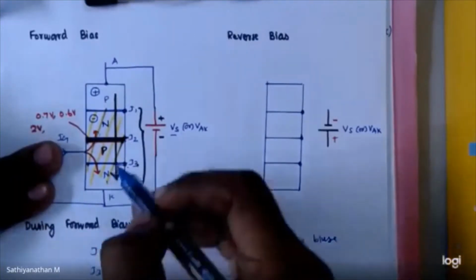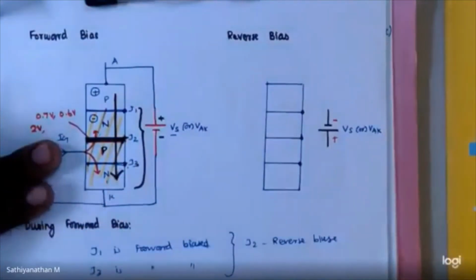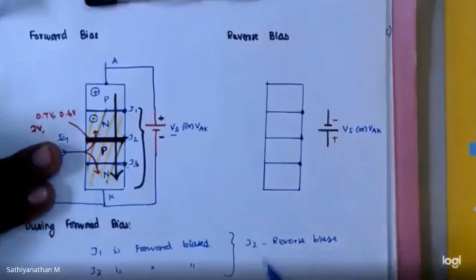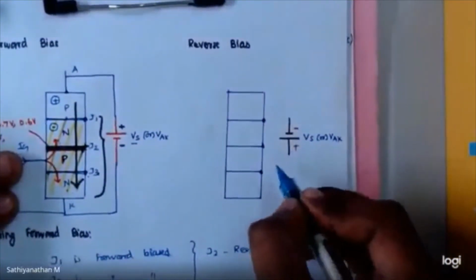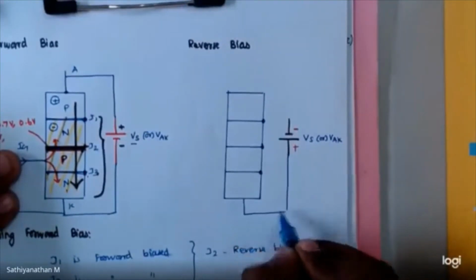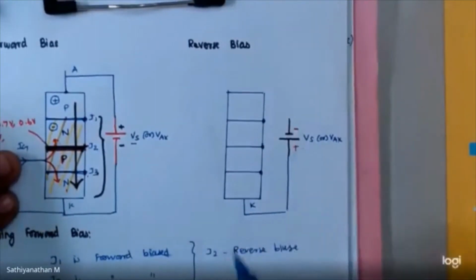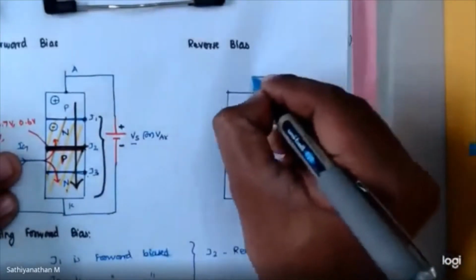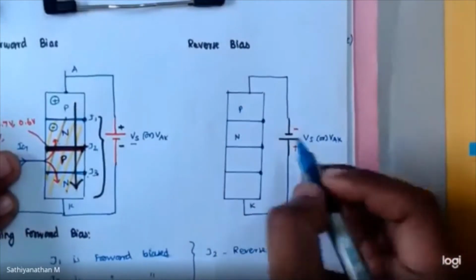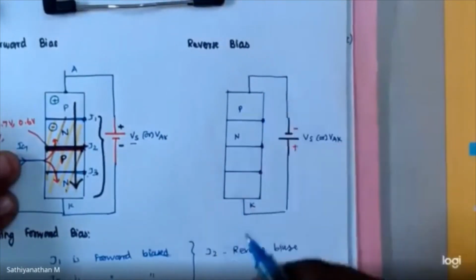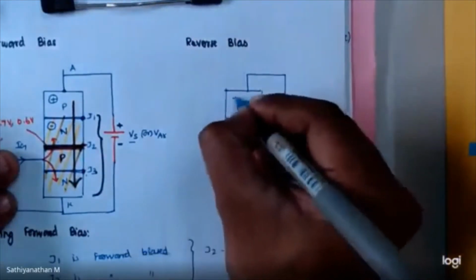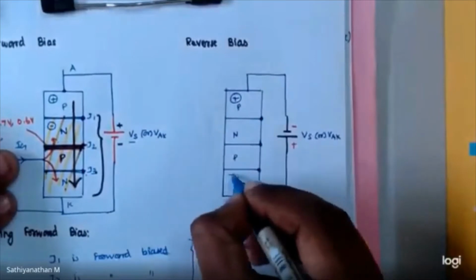So in order to control the device, we need to reverse the supply. To turn off the device, we need to connect the cathode to the positive terminal and the anode to the negative terminal of a supply. So what will happen when you connect negative to anode and positive to cathode? Here you have excess holes, here you have electrons, right?